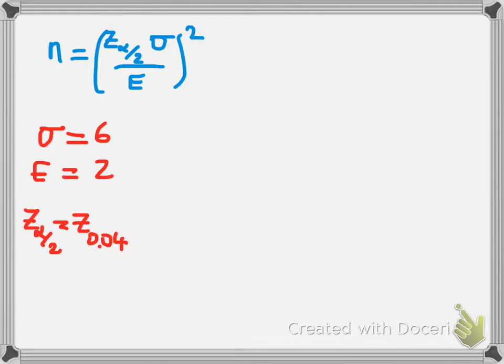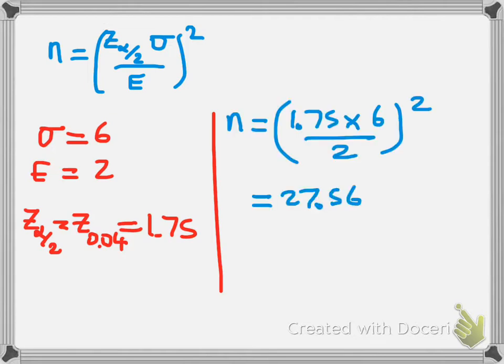That means that the area in one tail will be 4%. So we are looking for 0.4600, or what is closest to it. If you look at your table of values properly, you will see that that number is 1.75. So we'll just substitute all that information now in our formula for n, and we can compute. You will see that your answer there should be 28, should be the sample size.